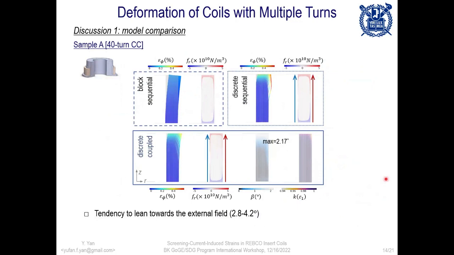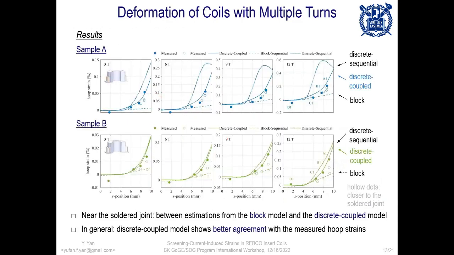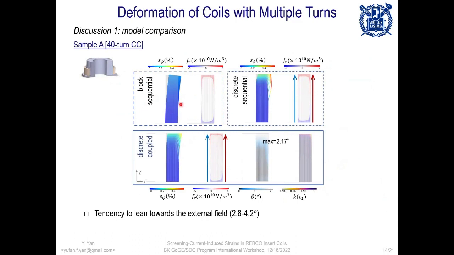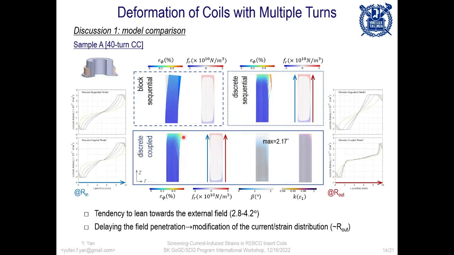And then by comparing these 3 models, this figure here shows the particular case of sample coil A, which has 40 turns of coated conductors and no overband. We can see that the Lorentz force induced by the screening currents caused the conductors to tilt, kind of lean towards the direction of the external field.